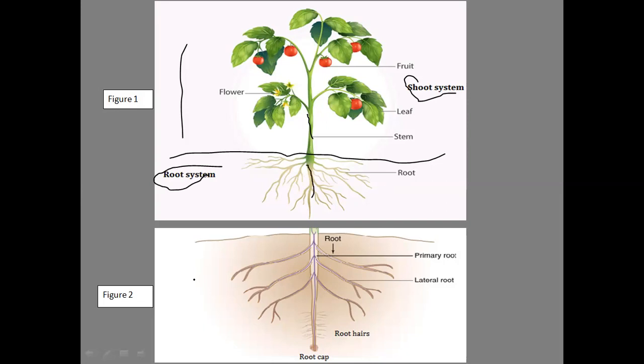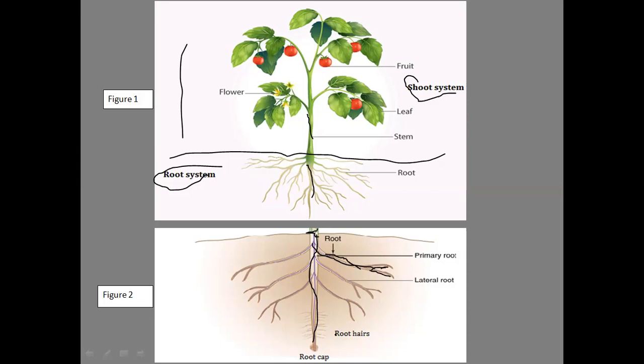You can see here in figure two, the detailed structure of roots is given. This is the root developed from the radicle of the embryo. This is the main root, also known as the primary root. From this main root, lateral roots grow. These are known as secondary roots and tertiary roots.